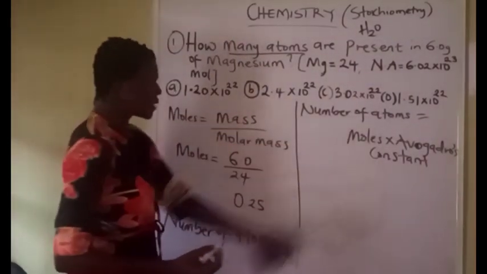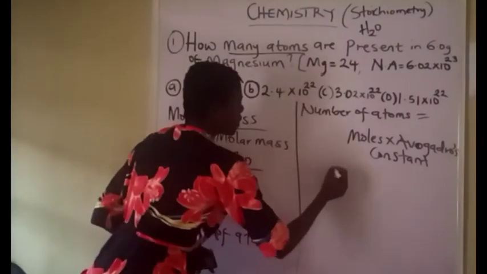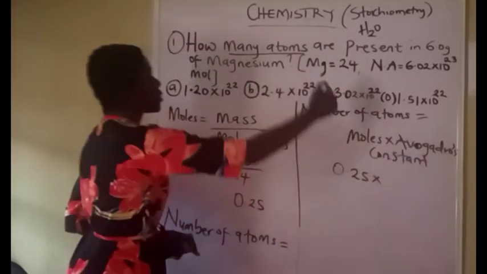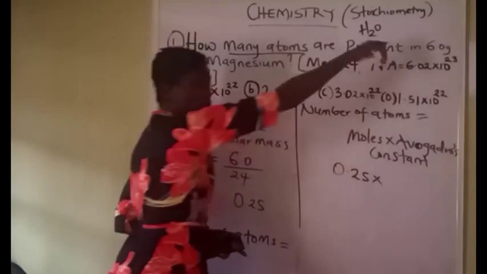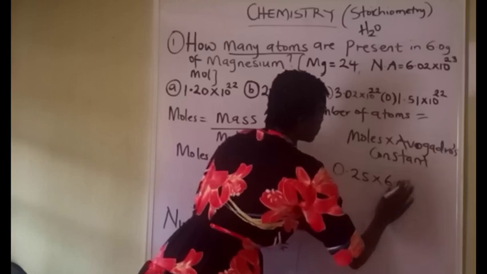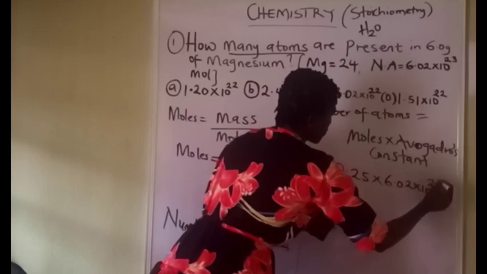So what is our moles obtained from this question? We have 0.25. And Avogadro's constant is given to us as 6.02 times 10 to the power 23.